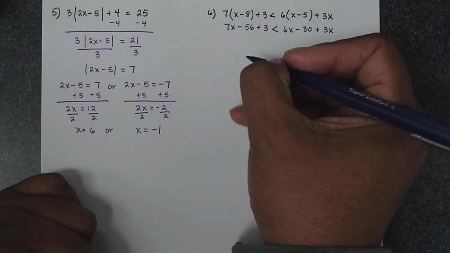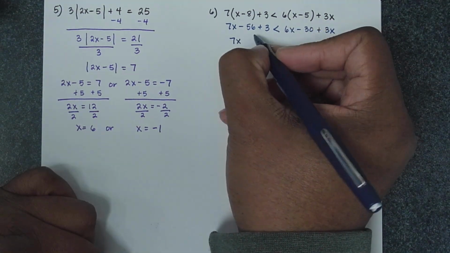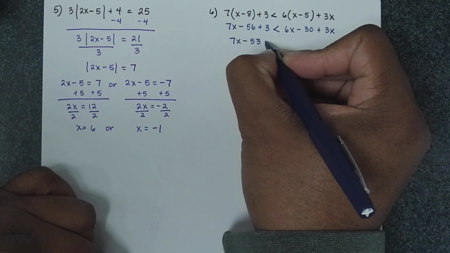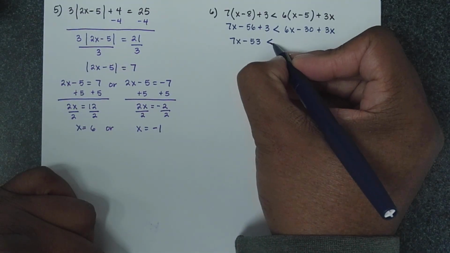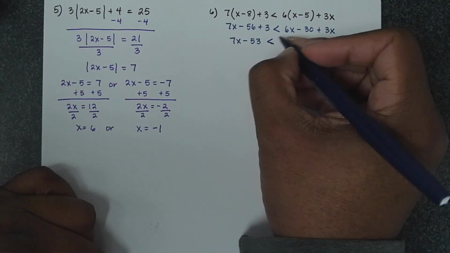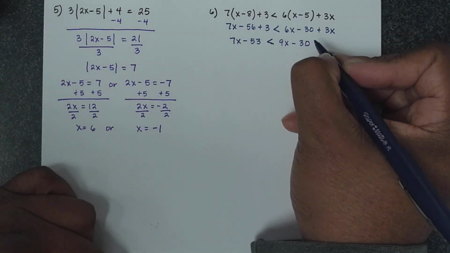All right, so now combine like terms on each side. If I bring the 7x down, negative 56 plus 3 will be negative 53. So 7x minus 53 will be less than. On the right side, combining like terms, 6x and 3x is 9x. And then minus 30.